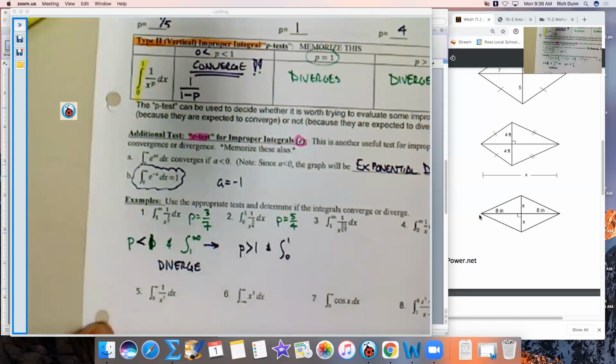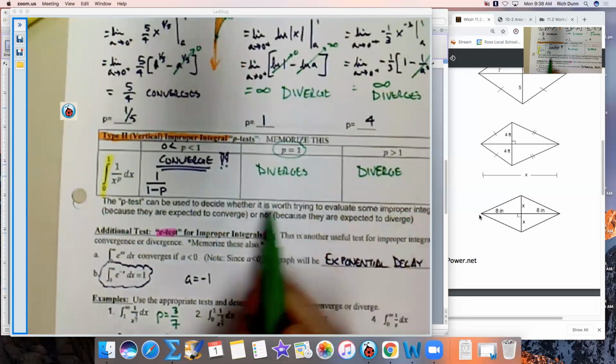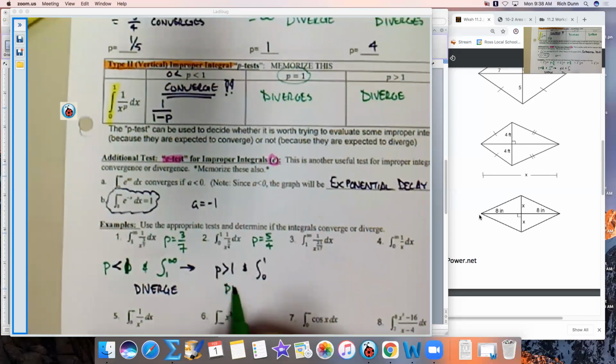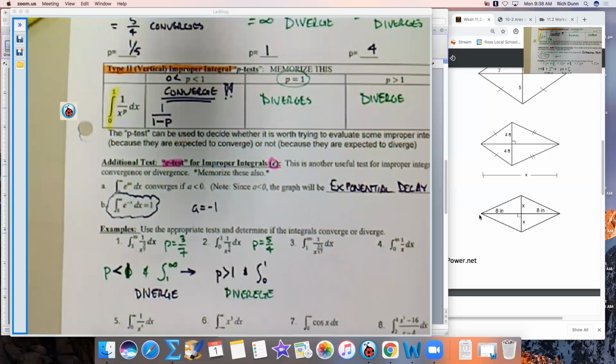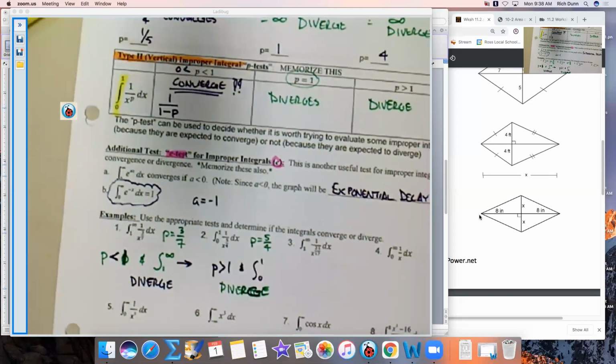If you'll look up above, this combination, p greater than 1, integrating from 0 to 1, is a recipe for a diverge. This integral will diverge. Don't need to do anything. Just move on to our next problem. I'm not sure why I've got an extra E in my diverge, but if you want to put it there, go ahead.